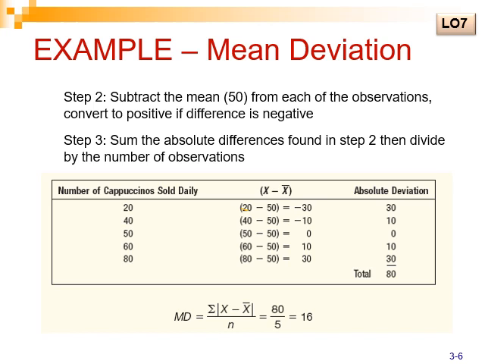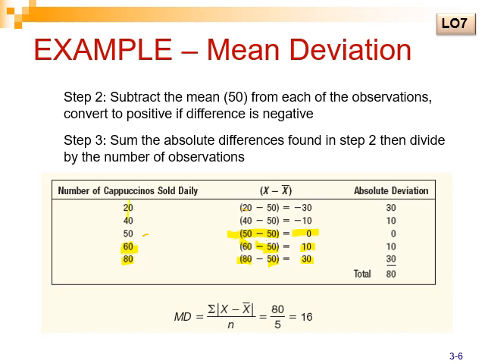Here, 40 minus 50 equals negative 10. For the third day, 50 minus 50 equals 0. Then the fourth day, 60 minus 50 equals 10. Then the fifth day, 80 minus 50 equals 30.